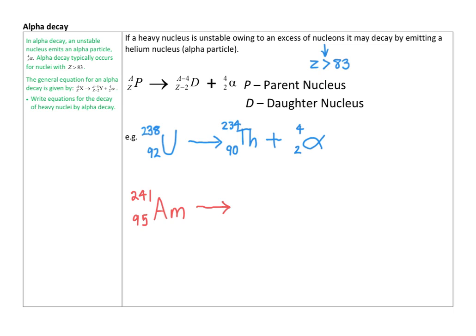If you look around the room, there is probably some in the room. That, again, has an atomic number greater than 83, so it undergoes alpha decay and releases an alpha particle. We get something with an atomic number of 93 and mass number 237, if we take 4 from 241, and 93 is neptunium.